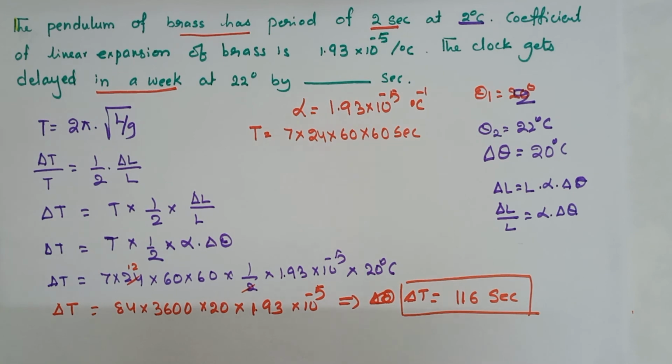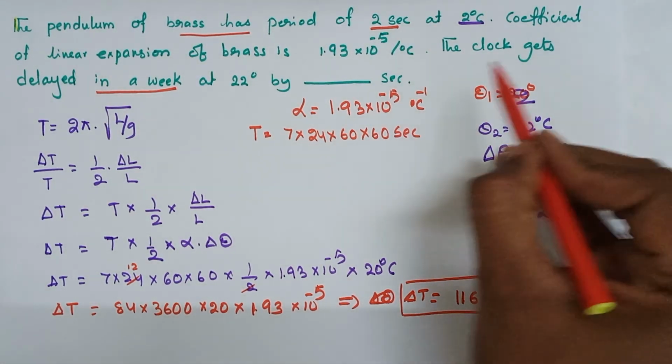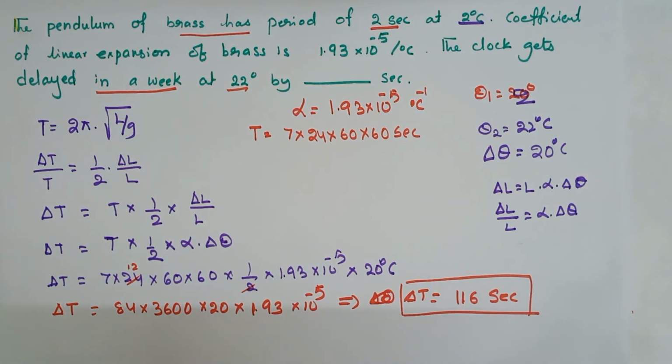So this is the time the clock gets delayed, or the error in the time that can be measured because of the temperature variation of brass from 22 degrees centigrade to 2 degrees centigrade.